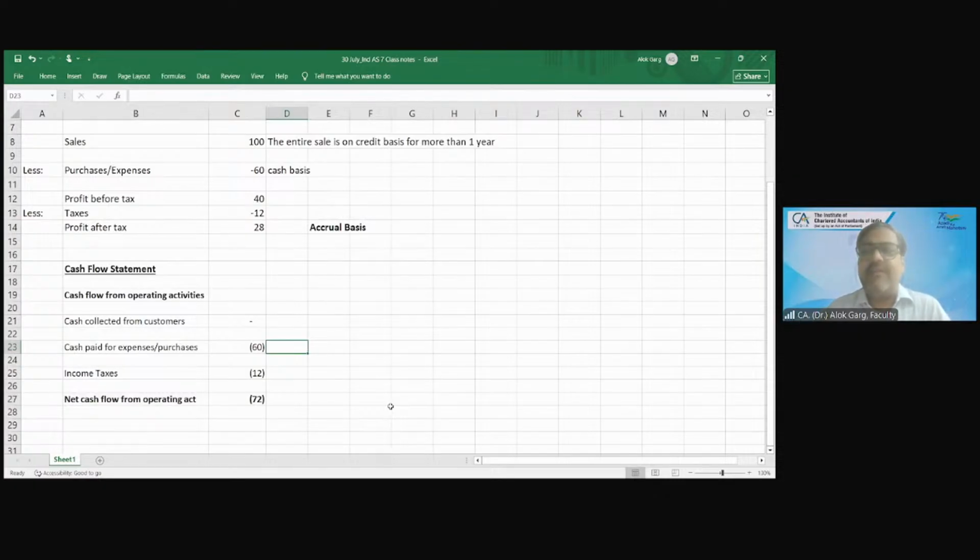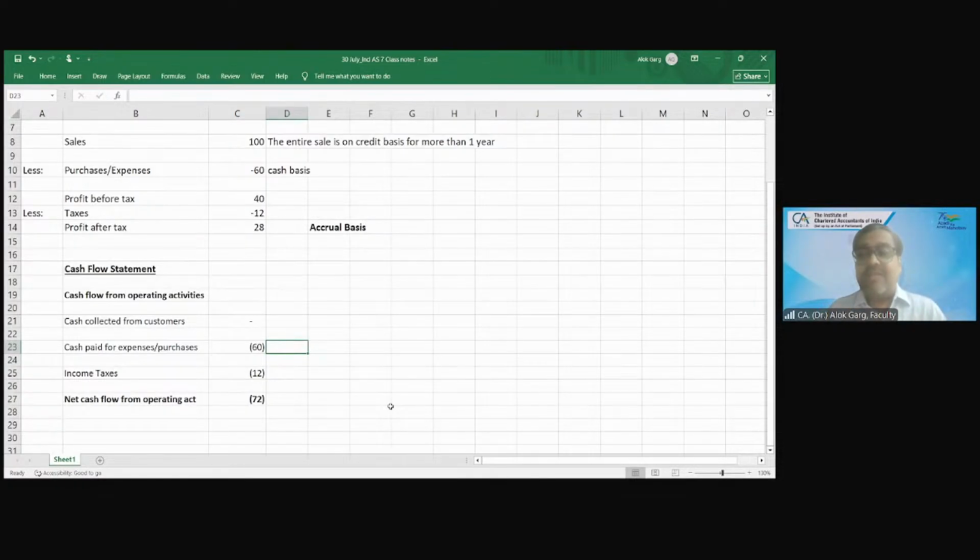It is generating negative cash, which means the operating activity reflects the operation of the company. And what does operating cash reflect? Whether the company is able to generate sufficient cash to run its operations.